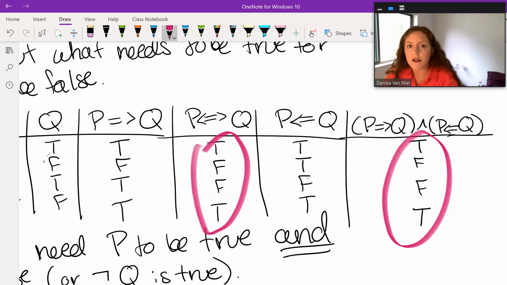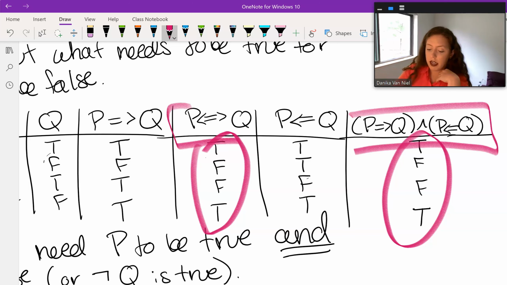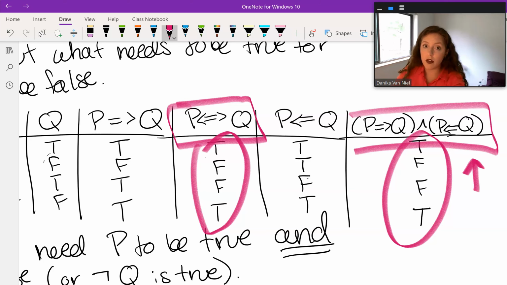Okay, so if these are logically equivalent, then the negations of each will be logically equivalent. So the negation of this one will equal the negation of this one. And the negation of this one, combining all the information that we have so far, we should be able to figure that out.